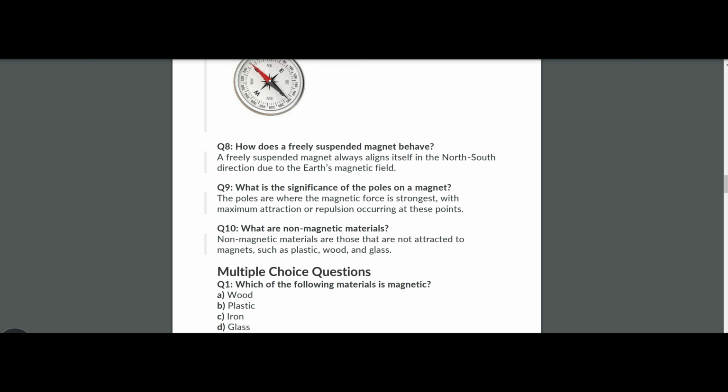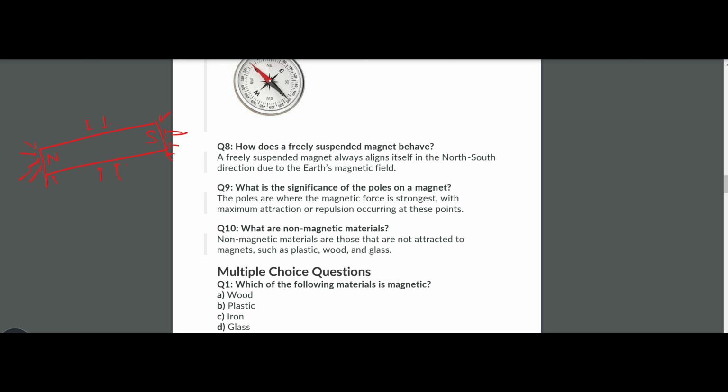Okay, any magnet has two poles, right? What are the poles? North pole and south pole. When you sprinkle iron filings, more iron filings are attracted towards the north pole and also towards the south pole. Very few particles are attracted to the middle of the bar magnet. Why does it happen like this? Because the ends of the magnet, the two poles, have more magnetic strength.